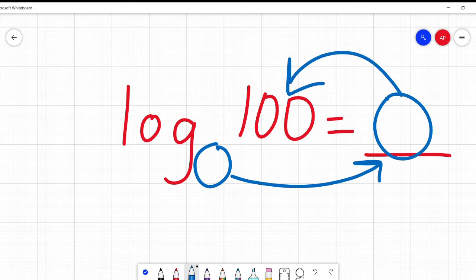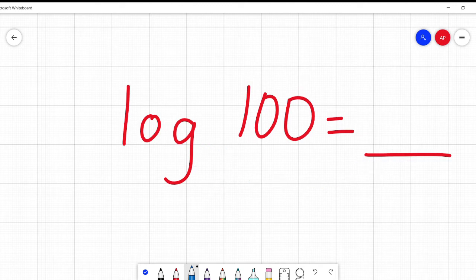How do I know any of this? I don't have enough information. Well, you do, because if there is no base given, and there's no x sitting here telling you to solve for it, the base is understood to be 10. That's sort of the default setting, as it were.